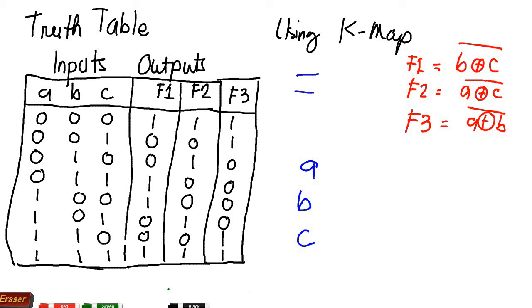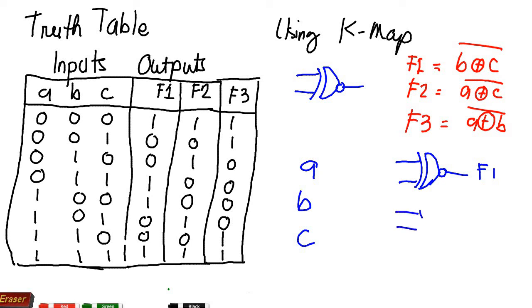That is the symbol of your XOR. So B XOR C, this will be our F1. We're just going to arrange your F1 to your F3. Okay, this is your F1.